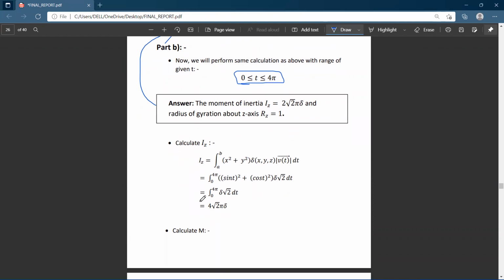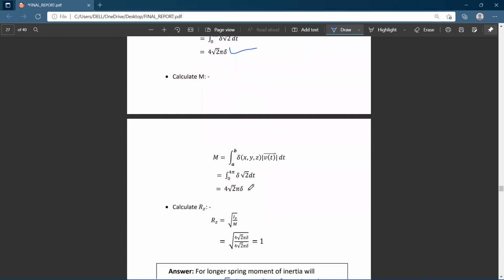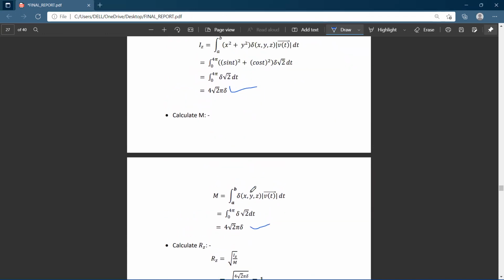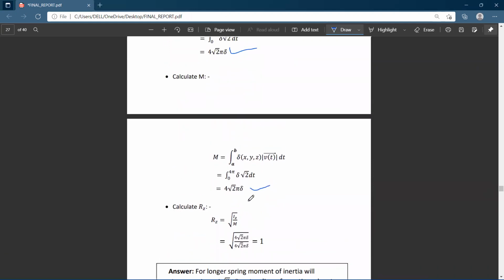Doing that, we obtain this equation for the moment of inertia, and the mass clearly increases because the spring size increased. Again we find the radius of gyration, and it again becomes 1.